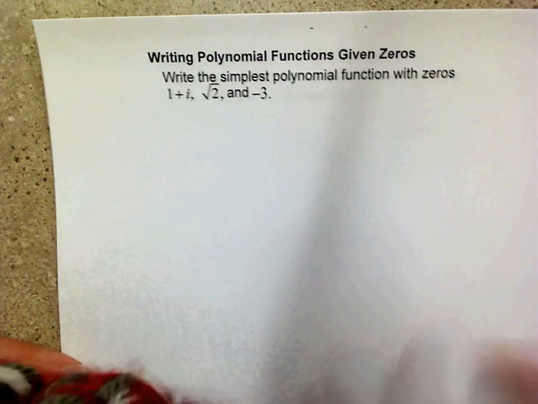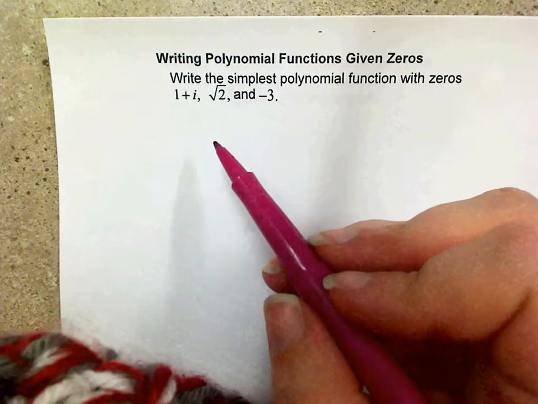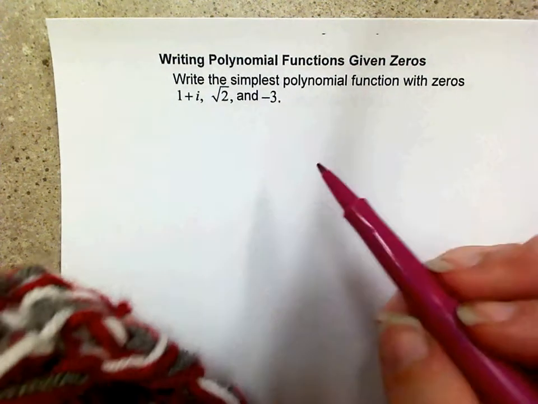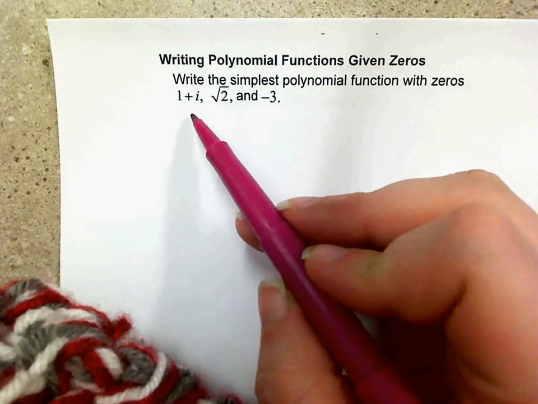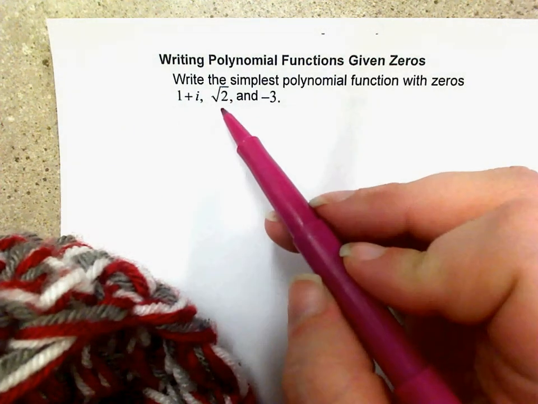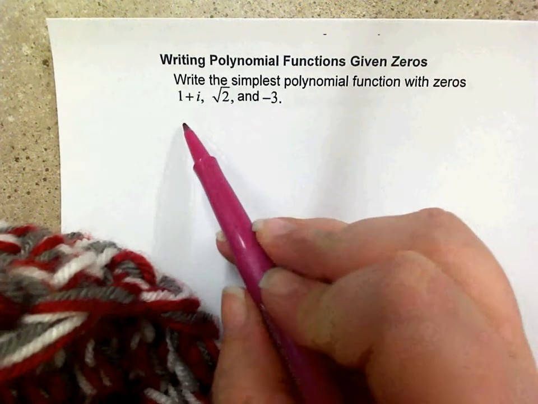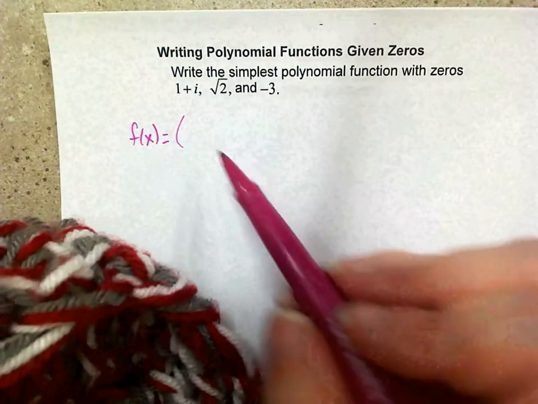Okay, so you've got the roots 1 plus i, the square root of 2, and negative 3. So if I were to determine the degree of this polynomial, I would say 1, 2, because it's a conjugate pair, 3, 4, because of its conjugate pair, and then 5. That's just one of them. So I'm going to go ahead and write f of x equals, okay? Like I said, it's always x minus the root.